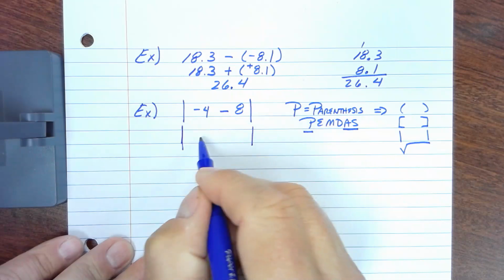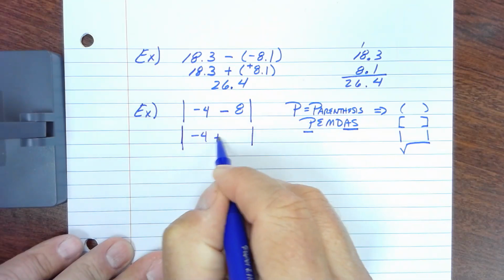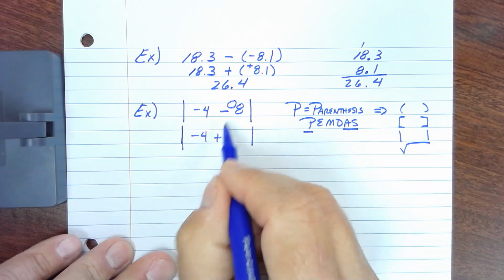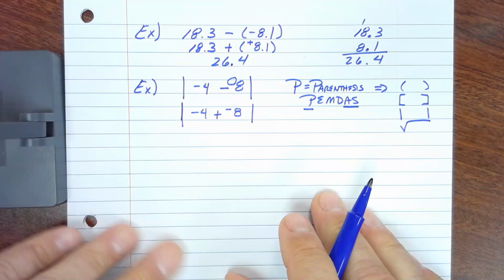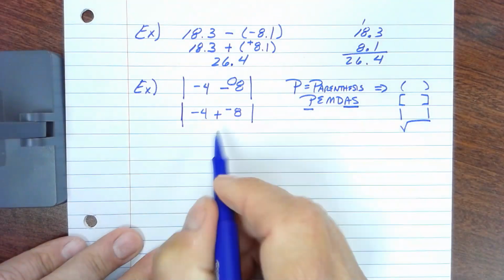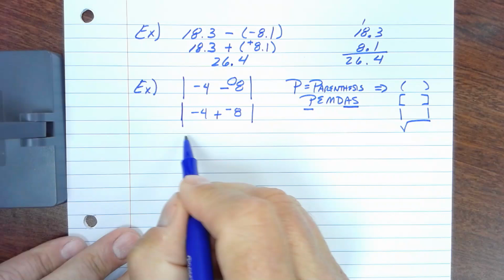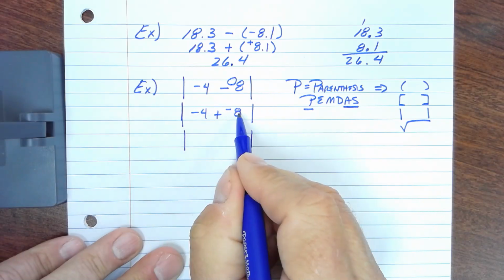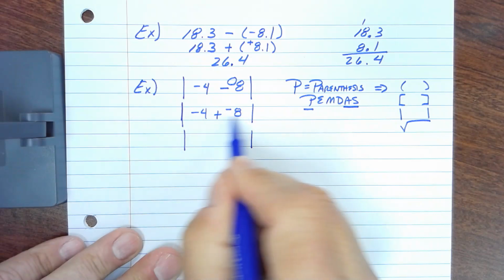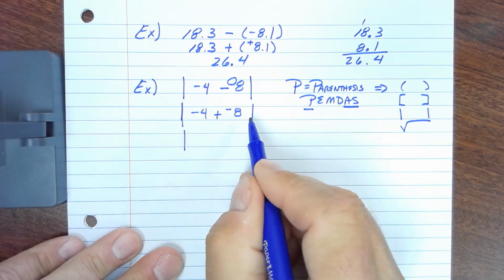I am going to add, and this sign up here is currently positive, so it's going to change to negative. I'm still working within the parentheses, doing what's inside of them first. -4 plus -8, cash versus bills.